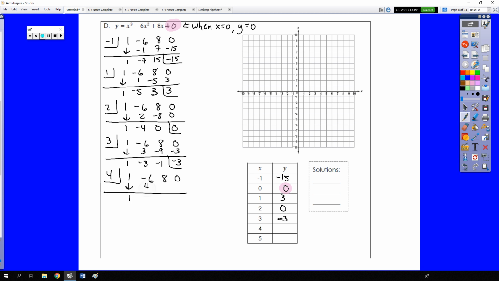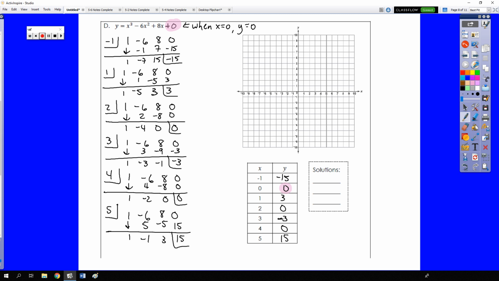Bring it down, multiply, add down, multiply, add down, multiply, add down. We get 4, 0. And then we don't expect 5 to be useful, but we're going to do it anyway. I expect to see that work. 1 comes down, multiply, add down, multiply, add down, multiply, add down. Looking at positive 15.